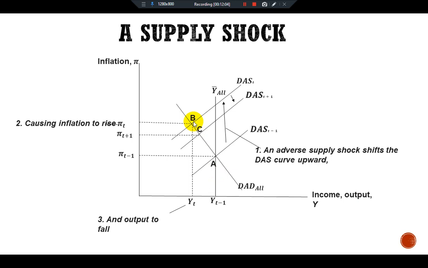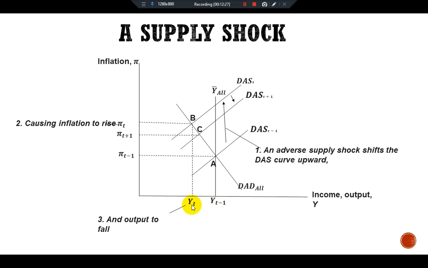So as the figure illustrates, the supply shock in period t causes inflation to rise from pi t minus 1 to pi t, and output to fall from this point to this point. These effects work in part through the reaction of monetary policy to the shock.